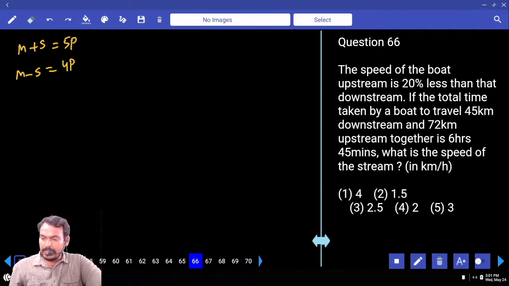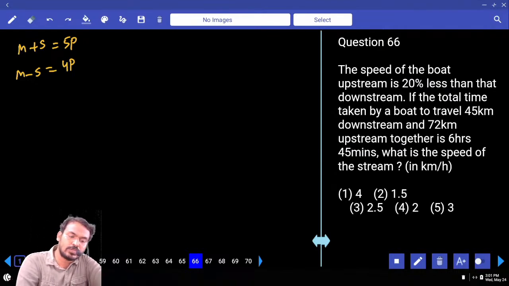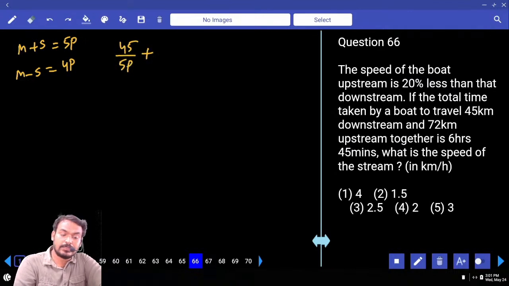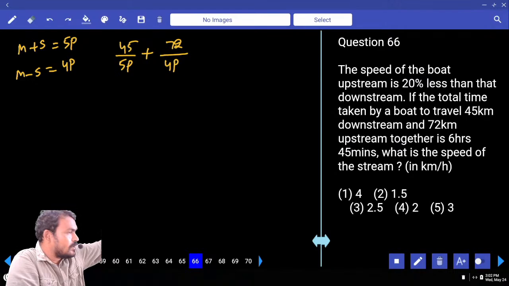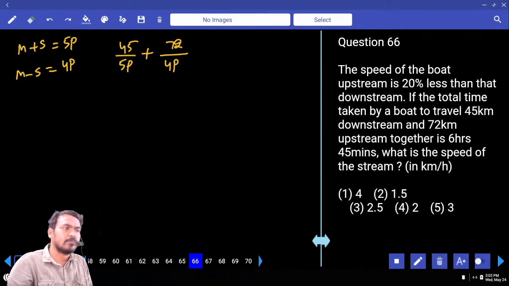And if the total time taken by the boat to travel 45 kilometers downstream, means 45 by which one? 5 parts. Next, upstream 72 by how many parts? 4 parts. Time in downstream, time in upstream, both are added, total time is how many hours?